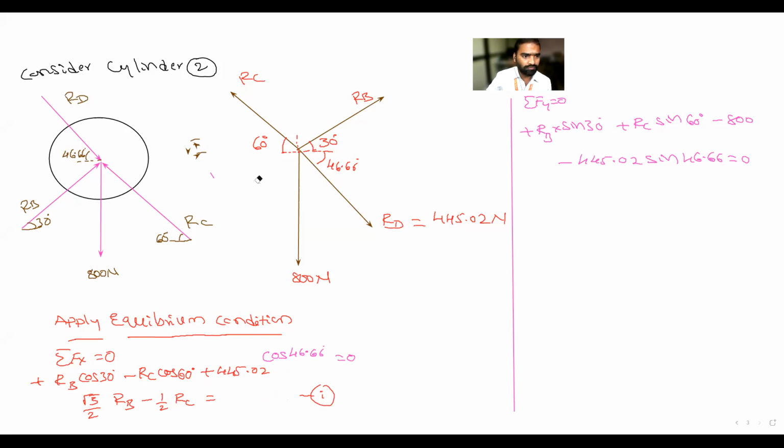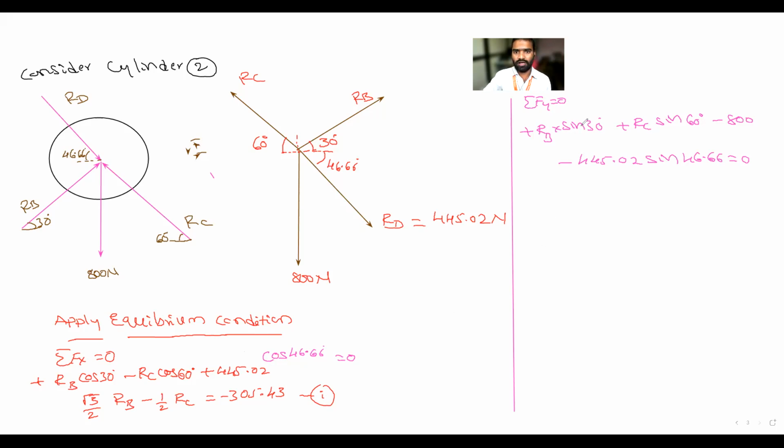Calculate this one and tell me what this answer is. 445.02 into cos 46.6. 0.68. 305, correct? Minus 305.43. Okay, I will write 305.43. Is it correct? Yes sir, it is correct.